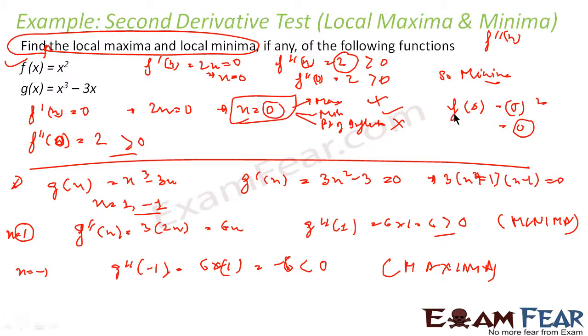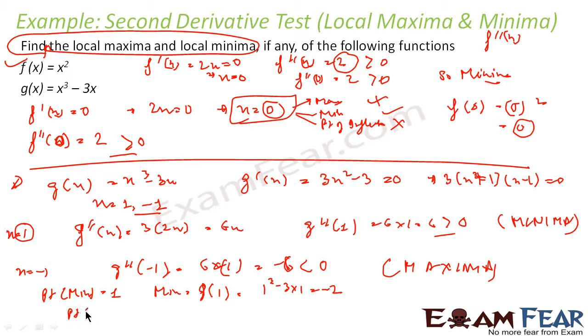So my local minimum is 0. In this case, the point of minima is 1. So the minimum value is how much? g of 1, that is 1 cube minus 3 into 1, and that is minus 2.